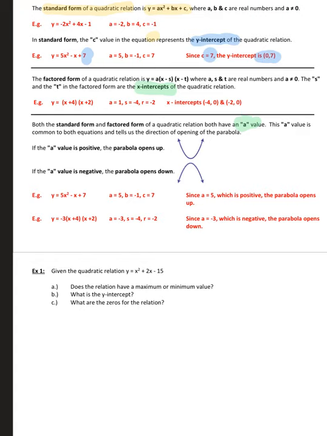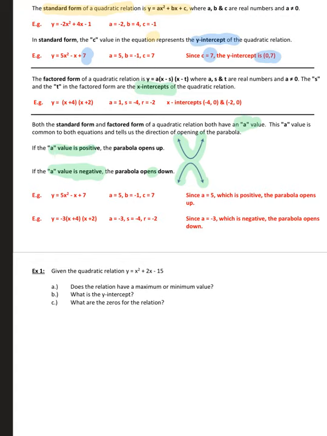So for example, if that number in front of my x squared term, that a value, is positive, that means that my quadratic parabola is going to have a smiley face. It has a positive attitude and is opening up, okay? If my a value, though, is negative, then that means I'm going to open down, okay? I have a negative attitude. I'm going to have a frown, okay?